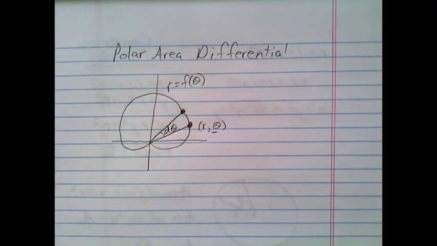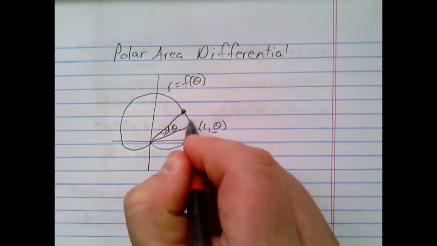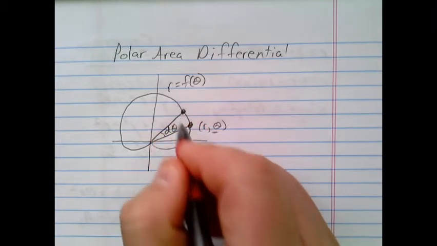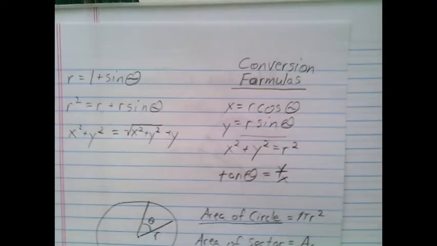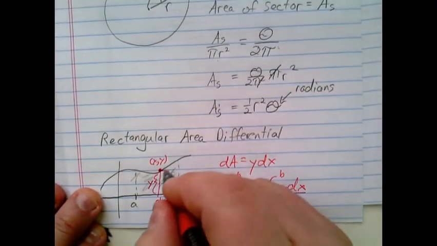It may not be exactly this. The way I've drawn it, it looks exactly like it's the sector of a circle, but it may not be exactly the sector of a circle. Here, this side is slightly further out than this side, because r is increasing as we go up. But still, it's kind of like how the rectangle didn't have to perfectly fit the area under the curve.